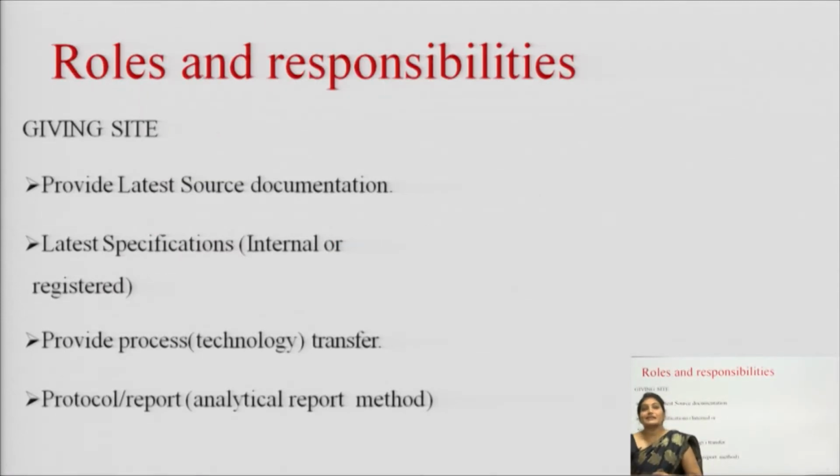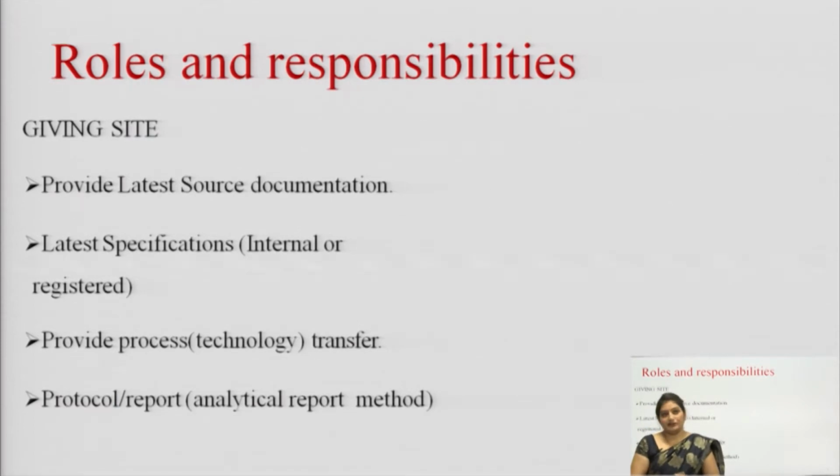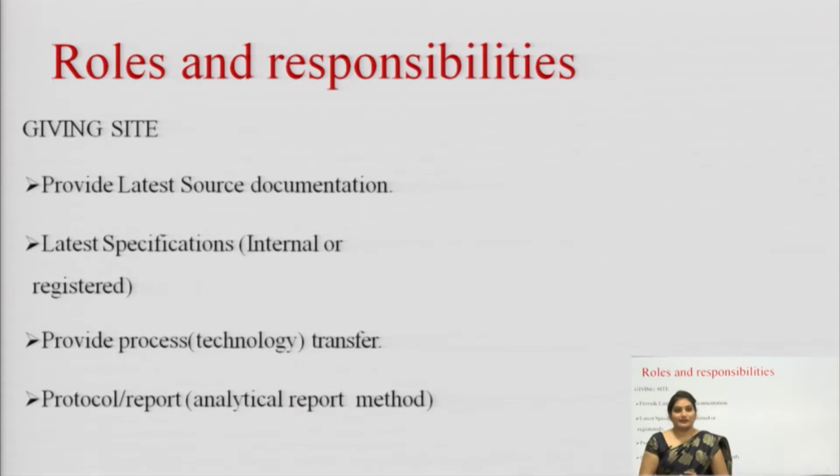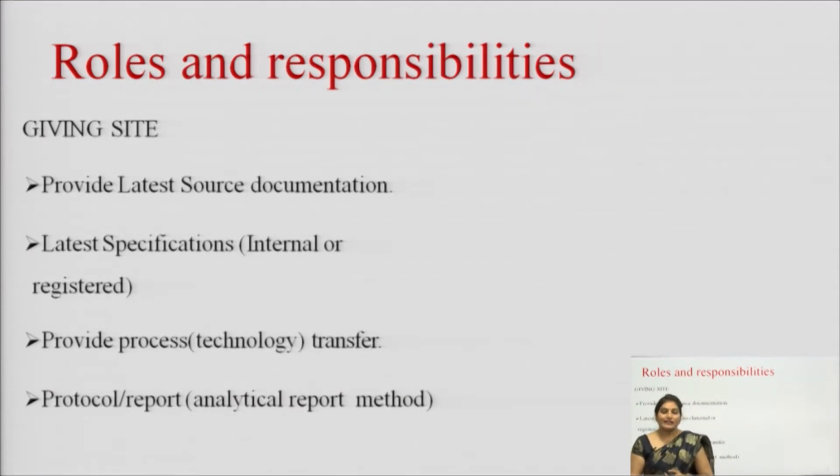Next is roles and responsibilities. As I have told in the previous lecture, there are 3 different units involved in the technology transfer process: sending unit, receiving unit and the unit managing the process. The sending unit is also known as the giving site or technology developer site. So, what are the various roles and responsibilities of the giving site?